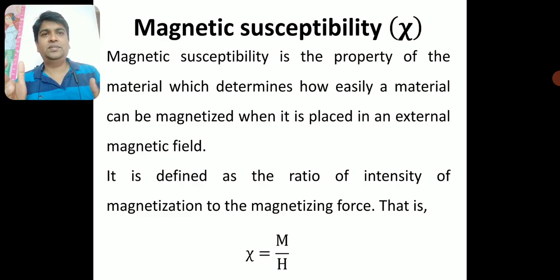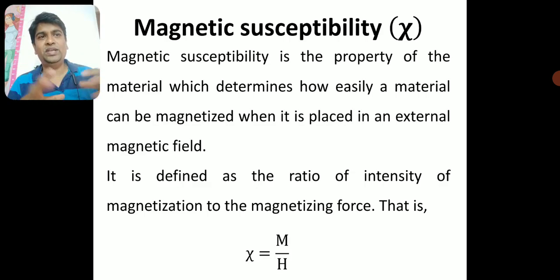If a material is more susceptible to magnetization, its magnetic susceptibility is more. If a material is less susceptible to magnetization, its magnetic susceptibility is less. If it is magnetized more easily, susceptibility is more. If it is not so easily magnetized, susceptibility is less.